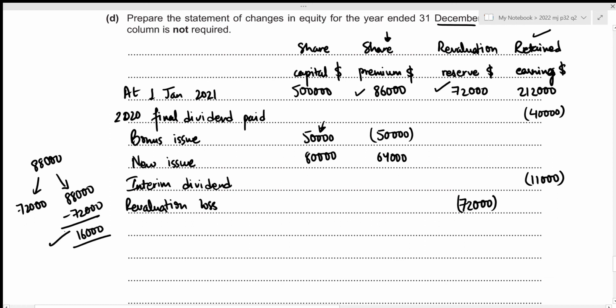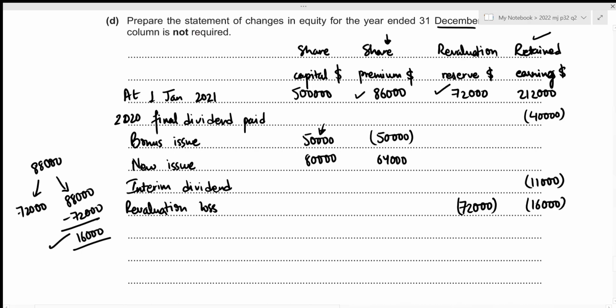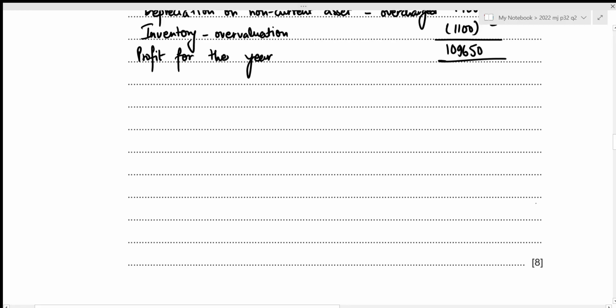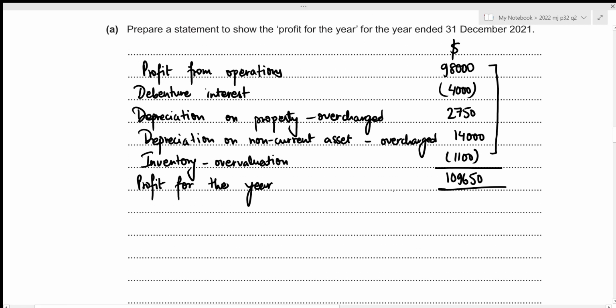Now this remaining amount of 16,000 should be subtracted from our retained earnings. So whenever there is a revaluation loss greater than the amount in revaluation reserve, the remaining amount should always be subtracted from the retained earnings. Okay. Then we also figured out the profit for the year in the first part of this question. We should include that in our statement of changes in equity. So we figured out the profit to be 109,650. Let's include that.